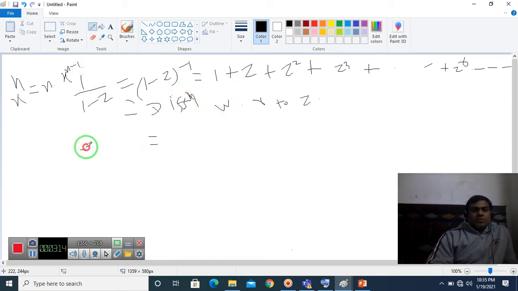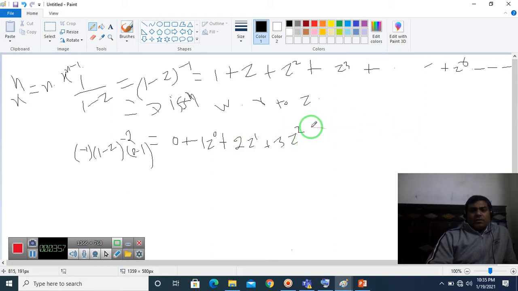So it becomes minus 1 times minus z to the power minus 2, and we also differentiate 1 minus z, because the differentiation of the constant 1 is 0 and the differentiation of z is 1. On the right side the constant differentiates to 0, then 1 z to the power 0, 2 z to the power 1, 3 z square, and r z to the power r minus 1.